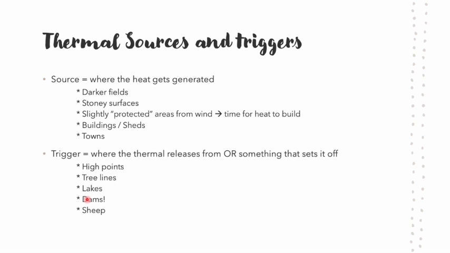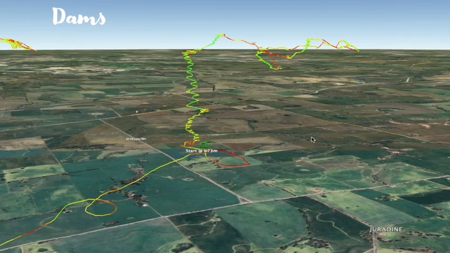So if the wind blows that cooler air underneath the hot air around the dam or lake, it works as a wedge and pushes the hot air up, and then the inertia takes it further up, and it's a great release point. But also things like sheep and machinery going around are really good release points.